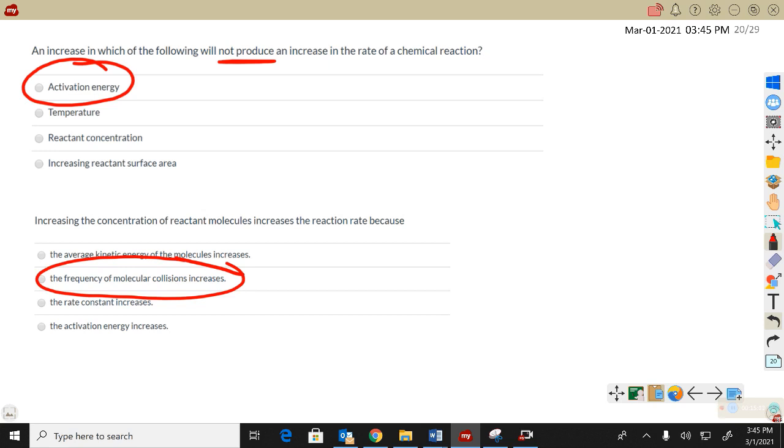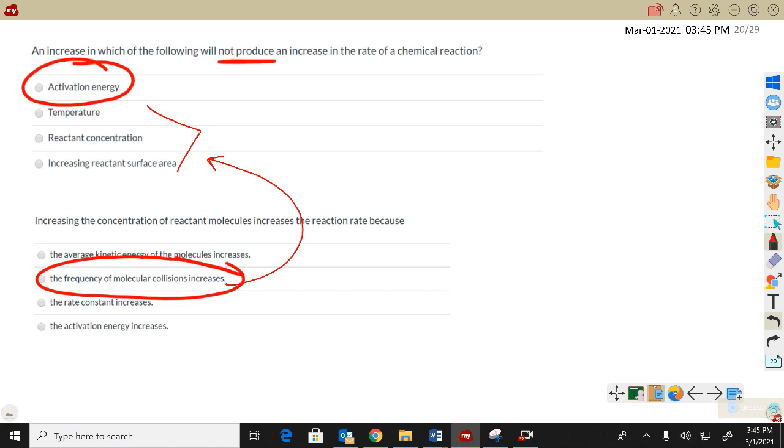But temperature, increasing the concentration, increasing the surface area, anything that increases the number of collisions will increase the reaction rate. Increasing the temperature, yep, that'll increase the number of collisions.